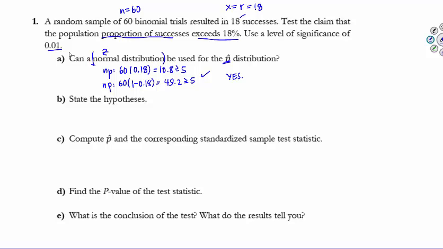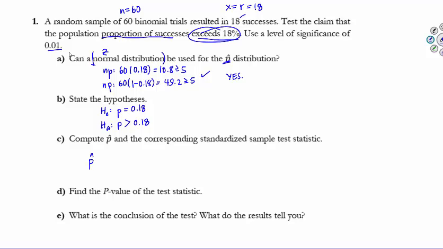Moving forward from here, we'll state the null hypothesis, that the proportion is equal to 18%, or 0.18. Remember, the null hypothesis always contains the equal to sign. The alternative hypothesis is the part where we use what we're testing. We would like to know if the proportion is really greater than 18% in the alternative hypothesis.